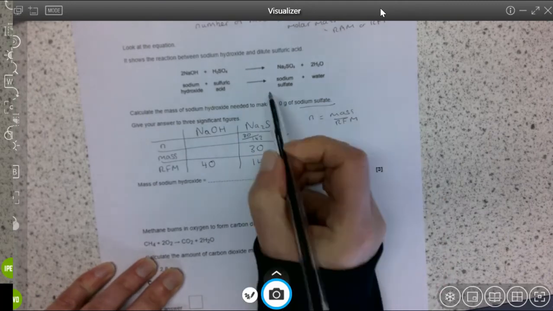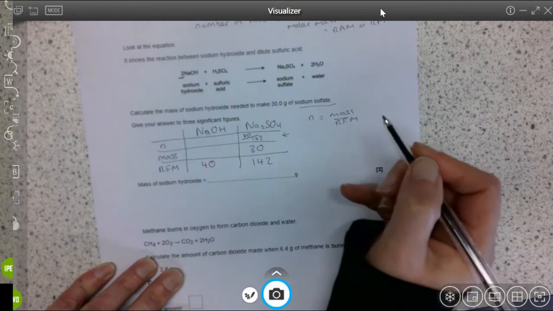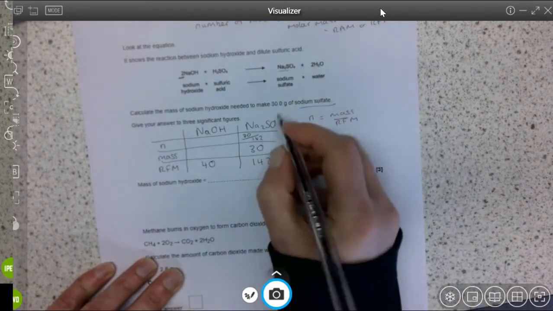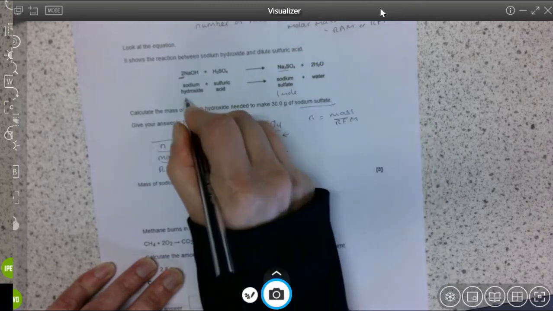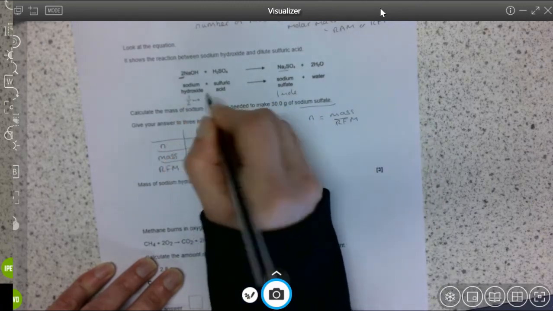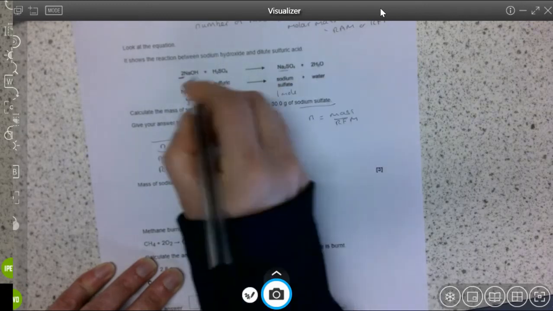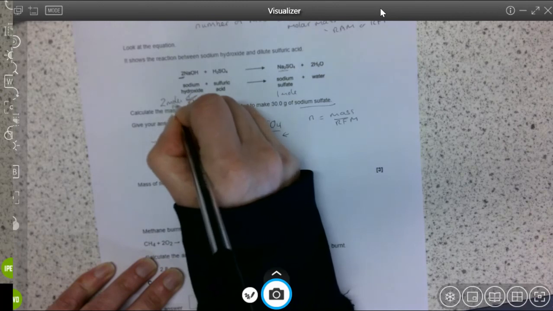Now if we look in the equation, 2 sodium hydroxides give me 1 sodium sulfate. So 1 mole of sodium sulfate has to react with 2 moles of sodium hydroxide.